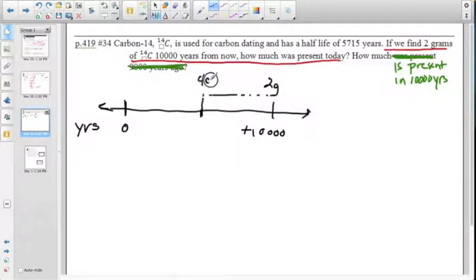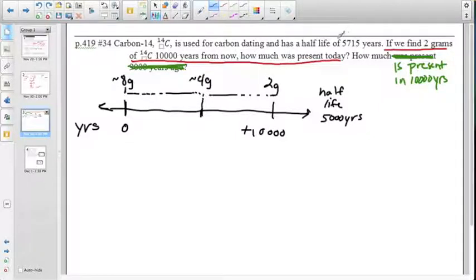So that's 4 grams. And that is half of what would be present today. So 8 grams, if we're talking about a half-life of 5,000 years. So here's a half-life of 5,000 years. So we should expect an answer in the 8-gram range.